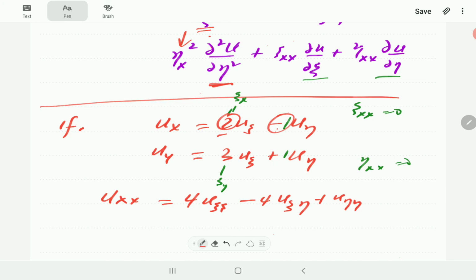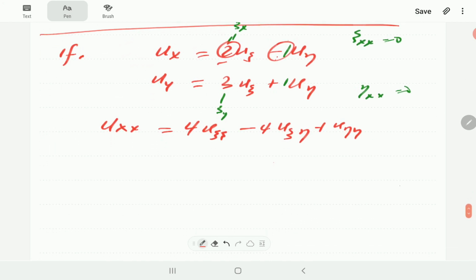And there you are, I've got u_xx. u_yy is going to be 9, which is the square of 3. The second term is going to be 3 times 1 times 2, so 6u_xi_eta. And then the last term is going to be u_eta_eta.